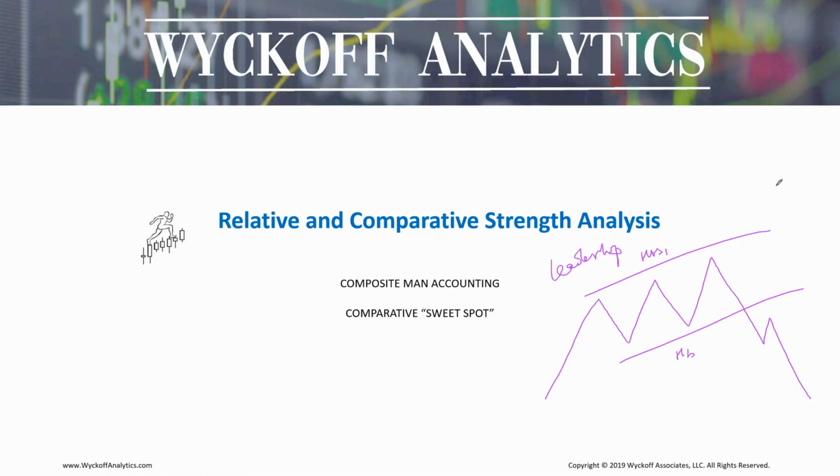Let's quickly do that. What if the market is flat? Is the stock stronger or weaker at this point? Yes, the stock is stronger, because the stock is making higher highs, higher lows, and the market is flat.